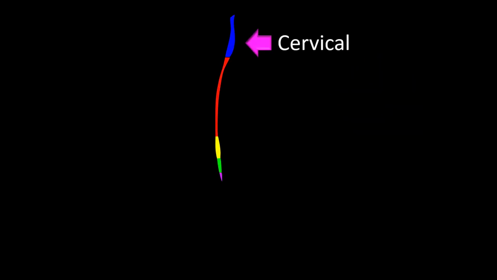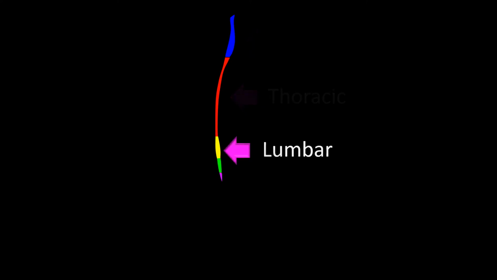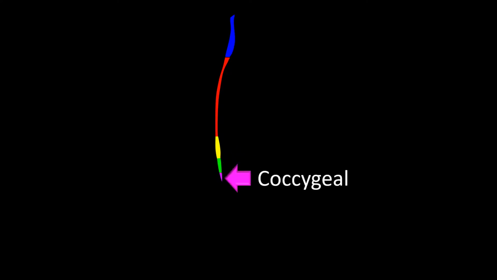The spinal cord is divided, as you know, in 5 major regions: cervical, thoracic, lumbar, sacral, and coccygeal.